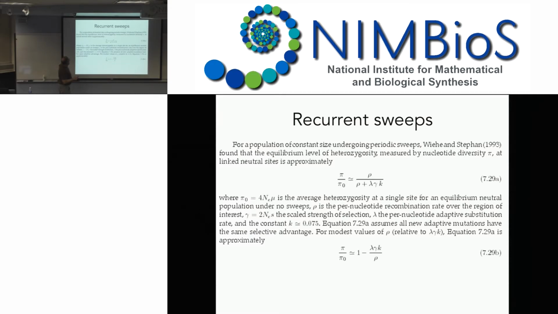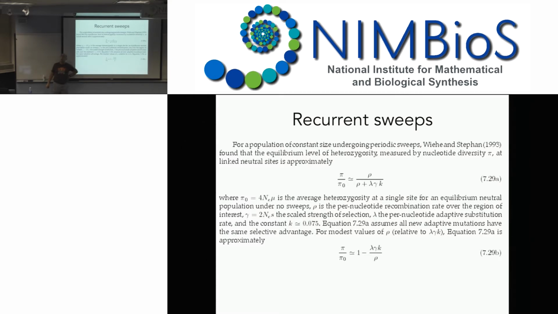And you can look at the observed level of polymorphism measured by nucleotide diversity and the level without sweeps and get this expression that depends upon the per nucleotide recombination rate rho. This thing, gamma, is basically the scaled strength of selection. And this thing here, lambda, is the per nucleotide rate of adaptive substitution.